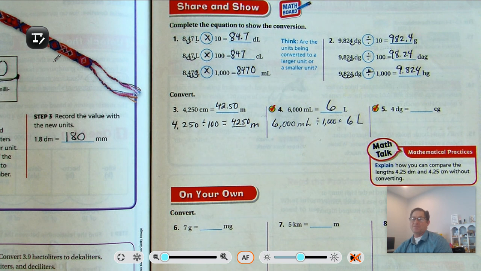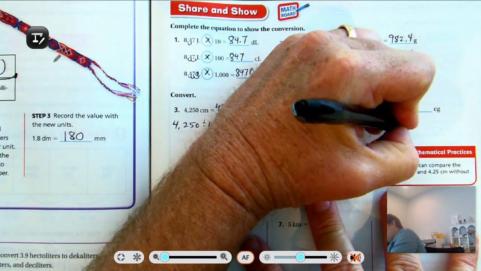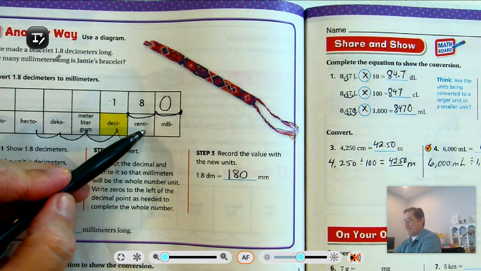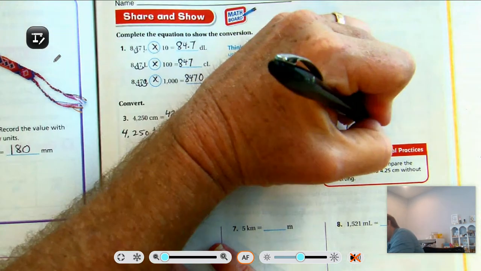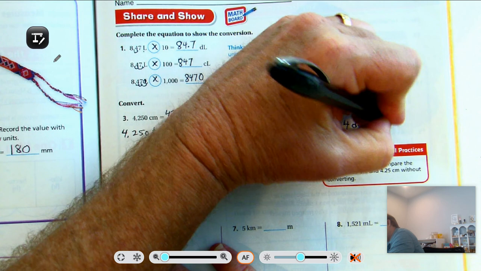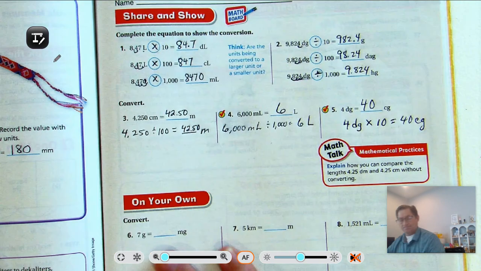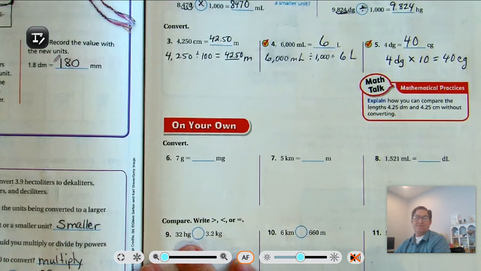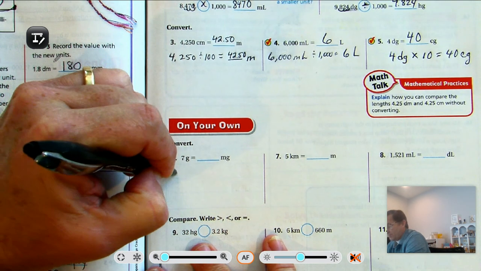4 decigrams is how many centigrams? We're going from a larger unit, and decigrams are 10 times bigger than centigrams. So 4 decigrams times 10 will equal 40 centigrams. Number 6, 7 grams is how many milligrams?